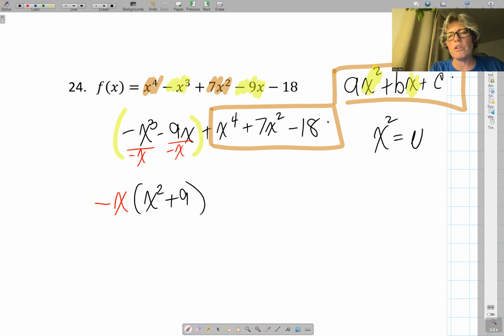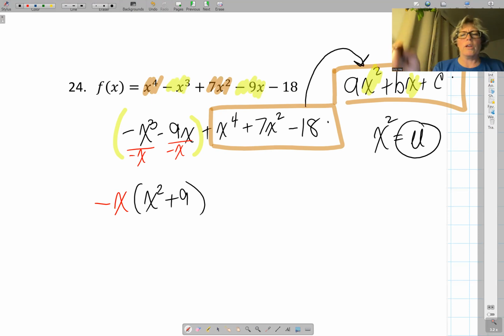I'm going to substitute u, because you're always trying to make something look like the standard form. So we're going to substitute x squared with u. So this is going to become plus u squared, and x squared becomes plus 7u minus 18.